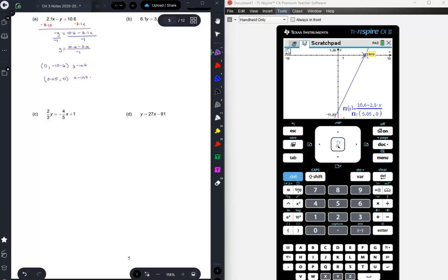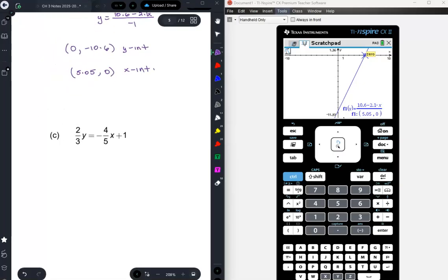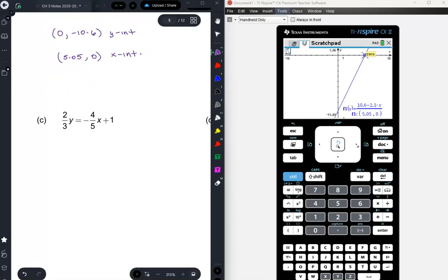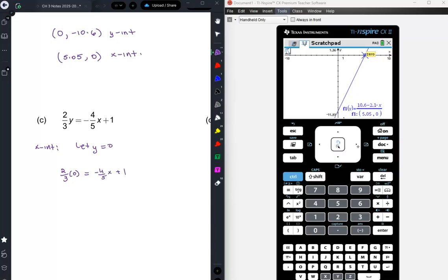For example, look at C. Actually, I might just do that by hand. So for the x-intercept, I would let y equal 0. So I would do 2 over 3 times 0 is equal to -4 over 5x plus 1. 0 is -4 over 5x plus 1.